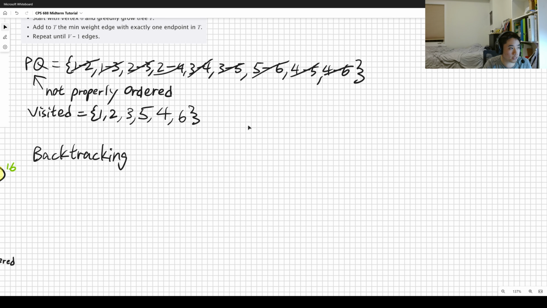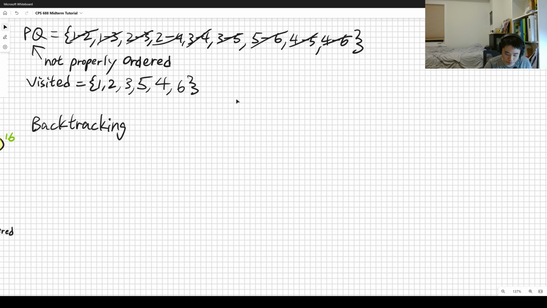So we have shortest paths and minimum spanning tree. So now let's look at backtracking. I'm going to turn off my notifications because that is going to kill my attention.